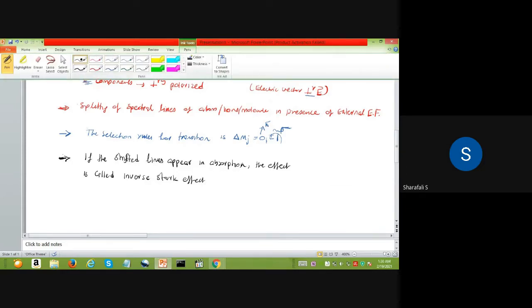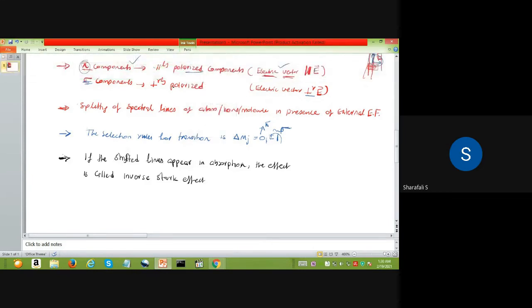So these are some points related to this Stark effect.